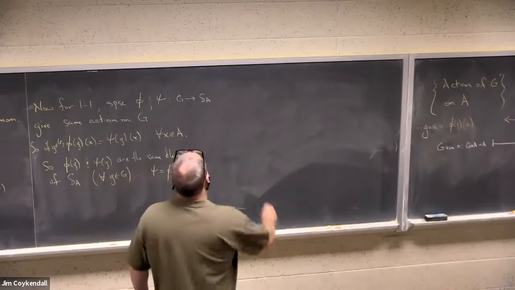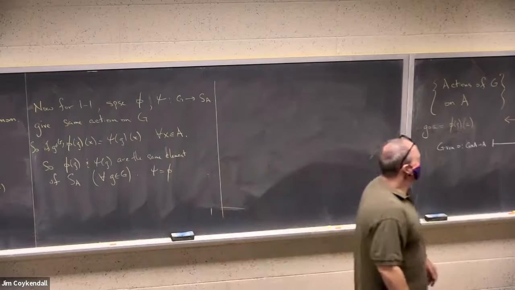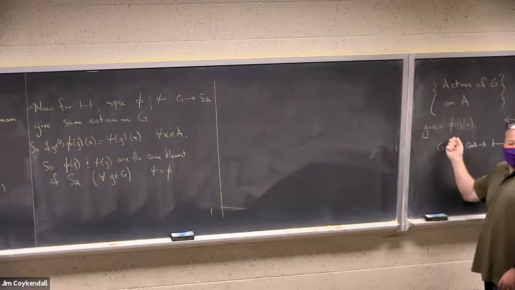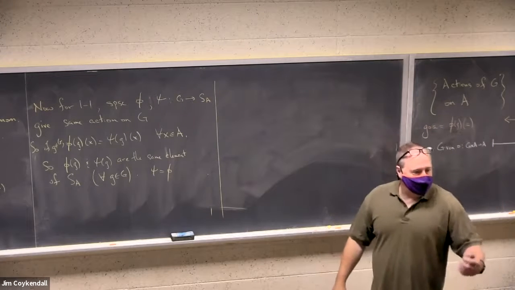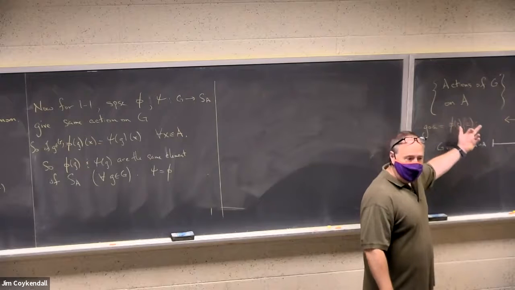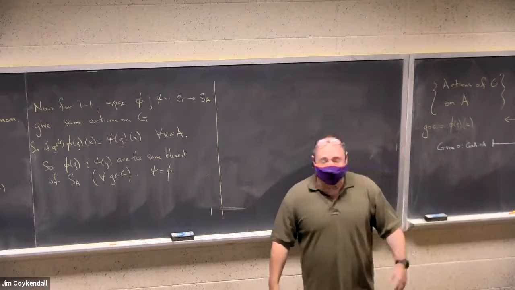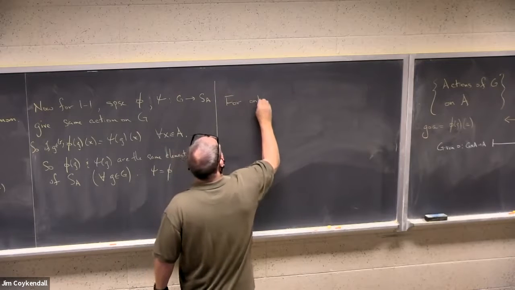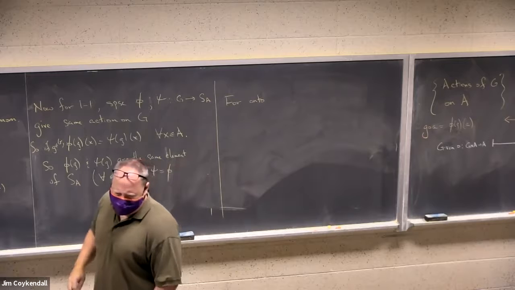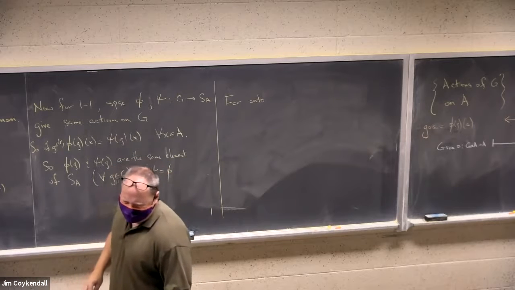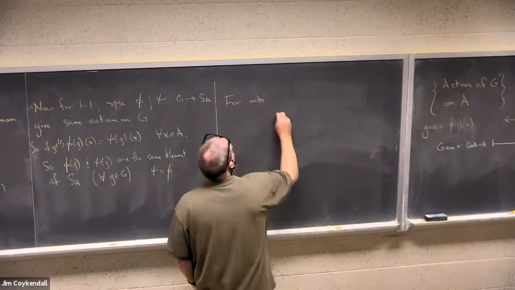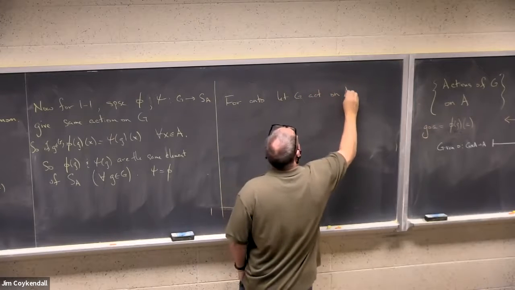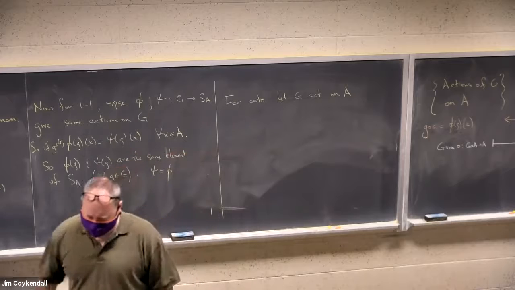So they give part of the bijective correspondence, because we know now the two different functions go to two different places over here. We need to also show that an arbitrary action can be gotten from one of these functions. So now, let's suppose G acts on A via some action.